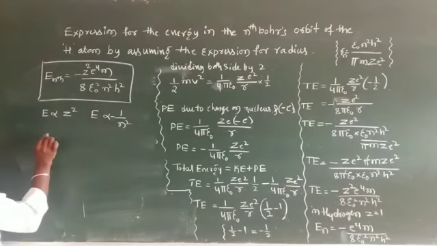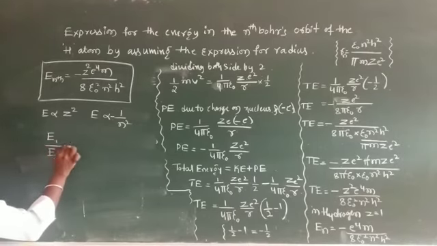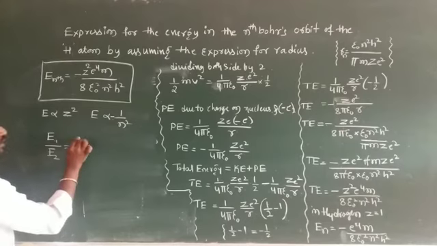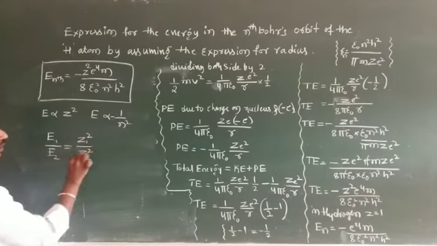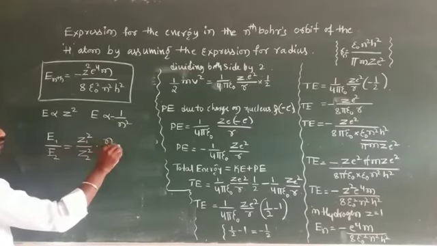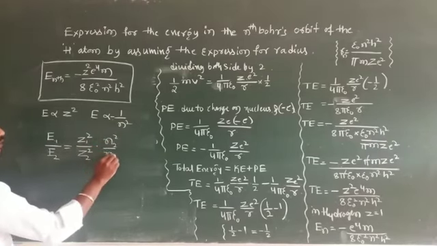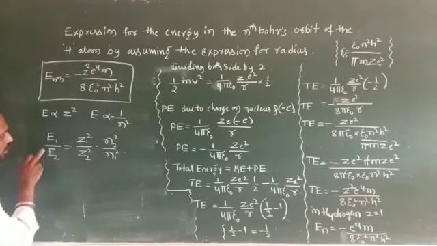Suppose we want to calculate the ratio E1 by E2. Here Z1 square divided by Z2 square, into, since it is inversely proportional, n2 square divided by n1 square. This is the ratio of energy.